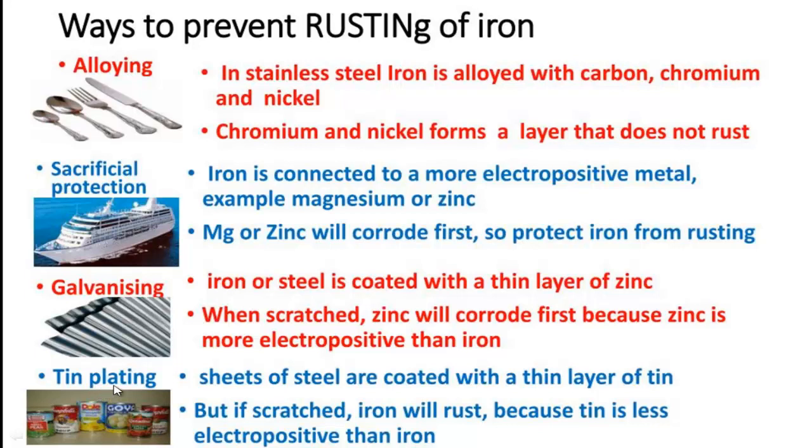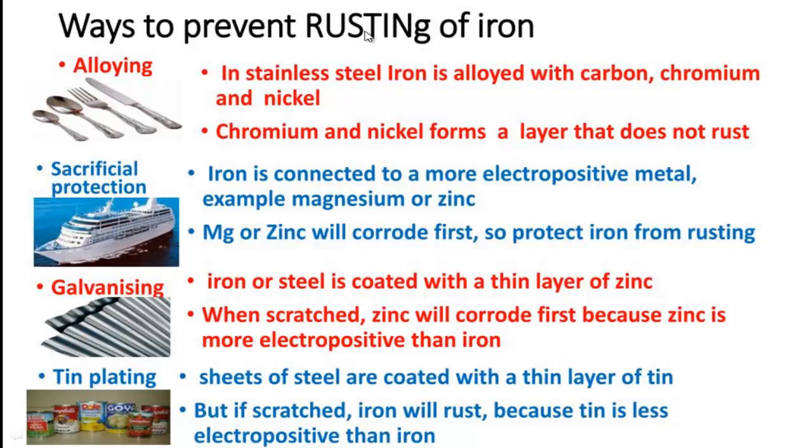And tin plating is used in substances like cans of different foods. So in this way we can easily prevent rust formation from ionic substances, and this is very useful to us. So these are also important steps for preventing rust formation.